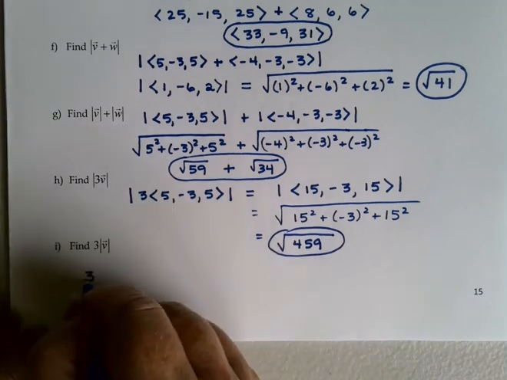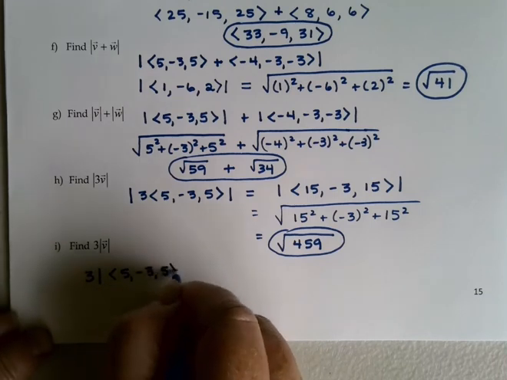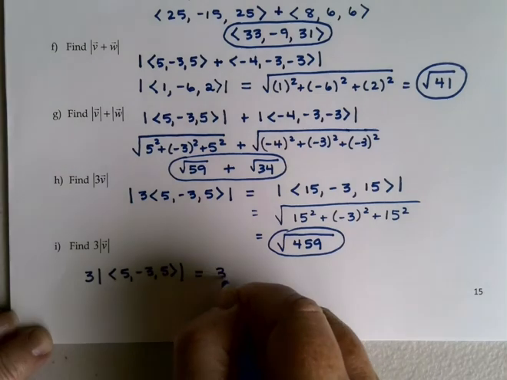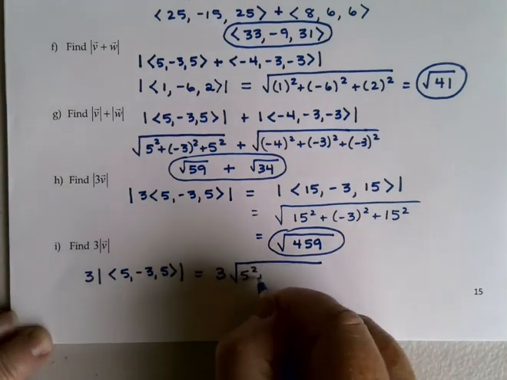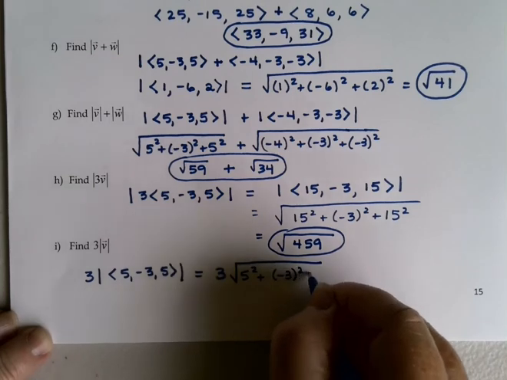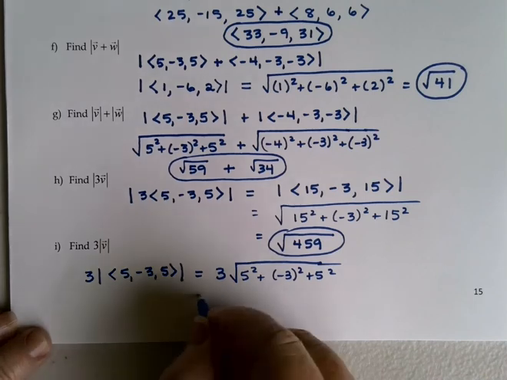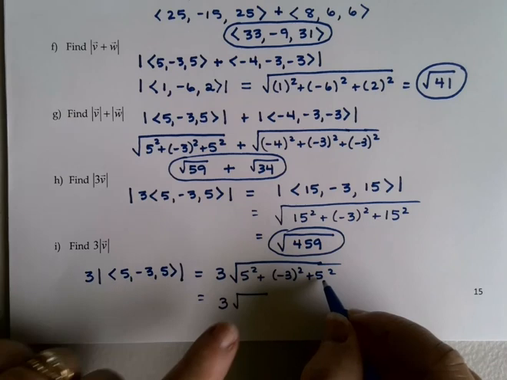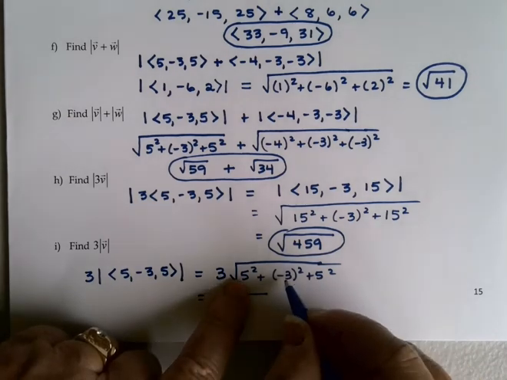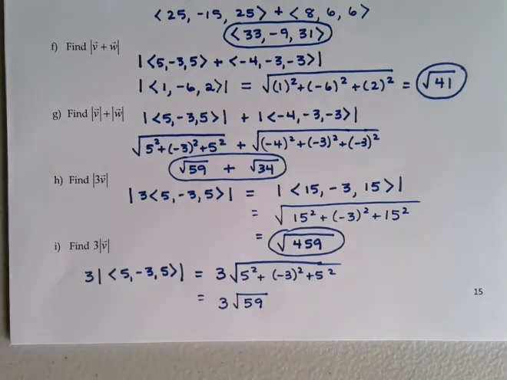That would be 3 times the magnitude of the v vector. 3 times the square root of 5 squared plus negative 3 squared plus 5 squared. 25 and 25 is 50, plus 9 is 59.